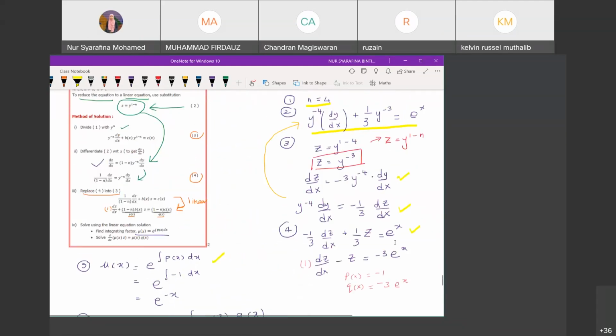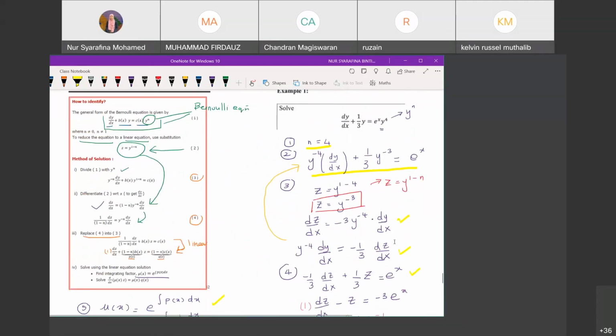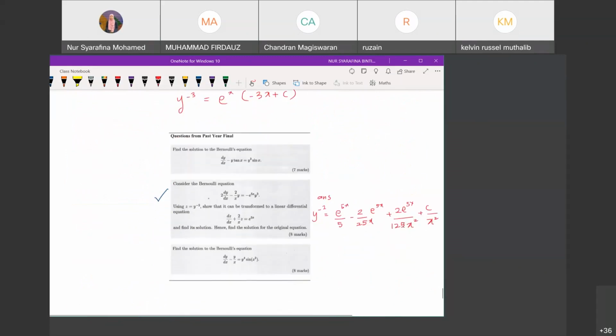Okay, by looking at the steps there, understand the question and try to find the question here. Using z equals y to the power of minus 2, show that it can be transformed to linear differential equation. So just reduce this Bernoulli to linear and find the solution. Right. Okay, I'm going to leave you around 15 minutes. Try to find the solution of this first.